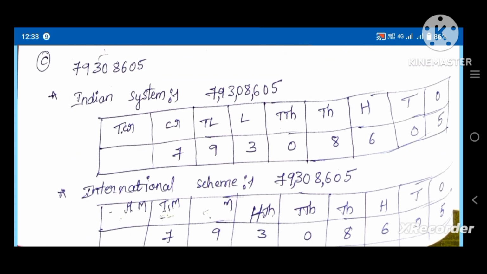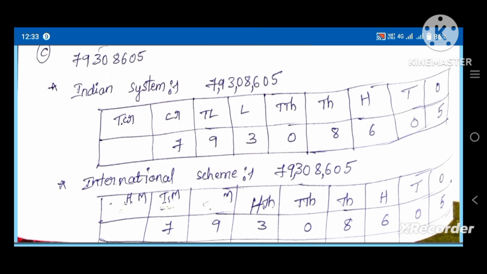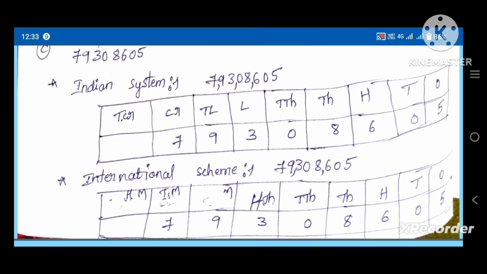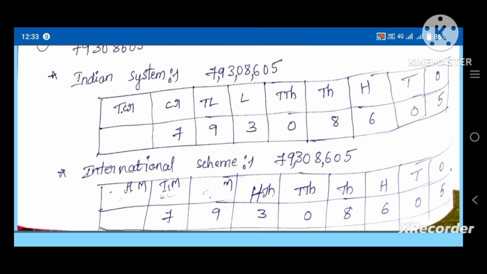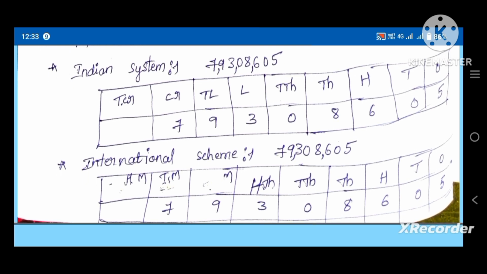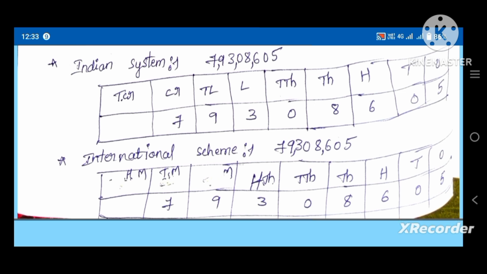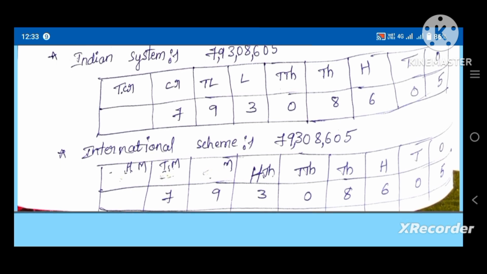Indian system, 7 crore 93 lakh 8,605. Ones place 5, tens place 0, hundred place 6, thousand place 8, 10,000 place 0, lakhs place 3, 10 lakh place 9, crore place 7.